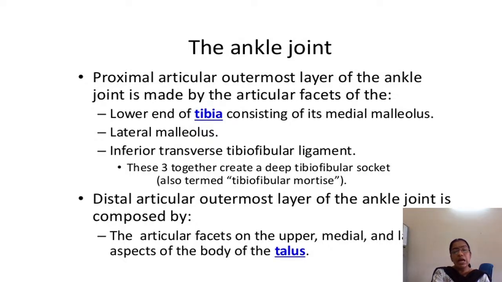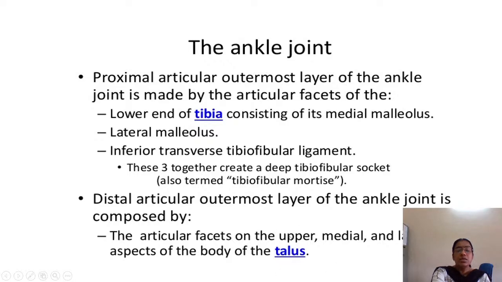When you see the distal articular part, as we know, tibia and fibula are articulating with the talus. So when you go in depth about the distal articular outermost layer of the ankle joint, the articular facet is the talus.